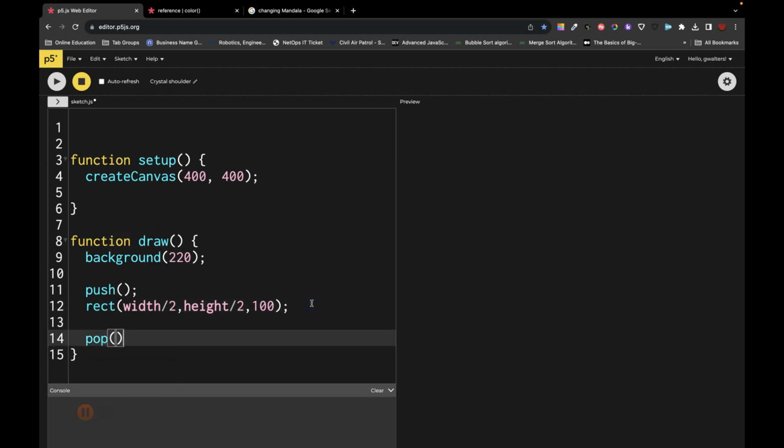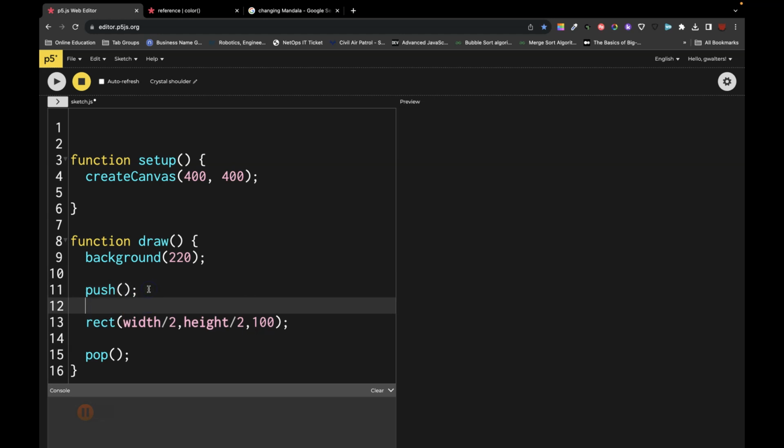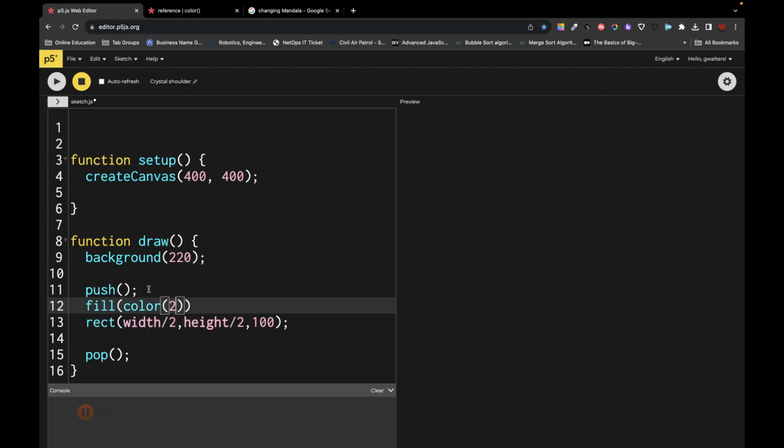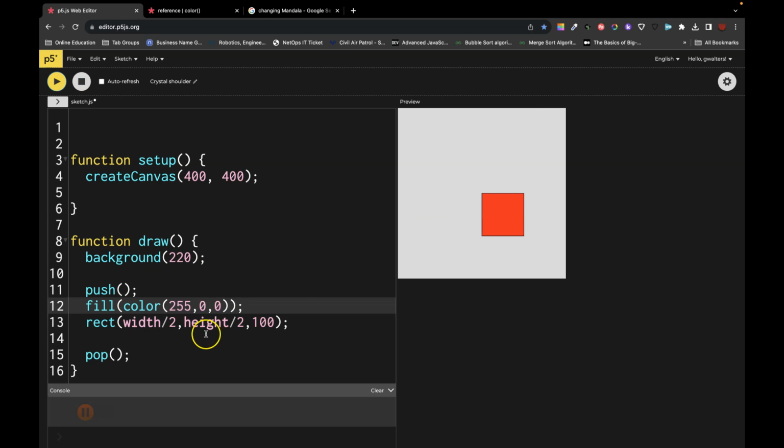We'll get used to this. Push and pop, and we want it to have a fill color of, let's say, some shade of red. So we'll do fill 255, 0, 0. That is now our red.